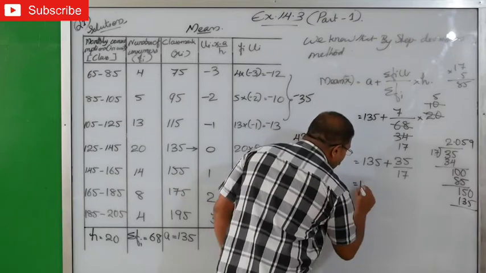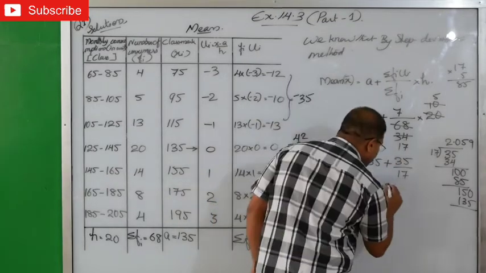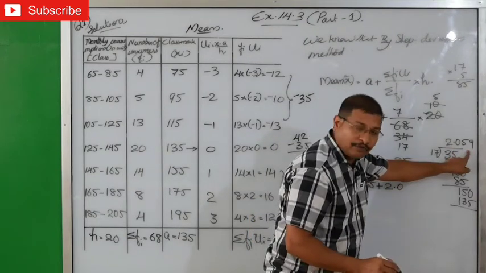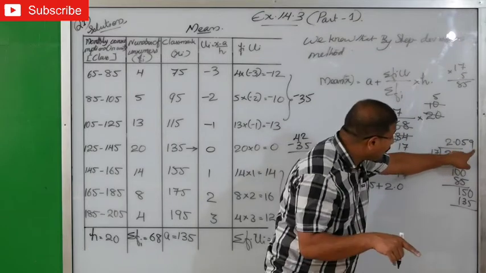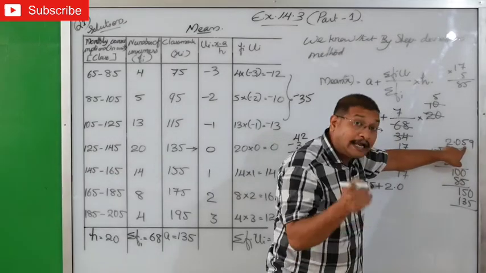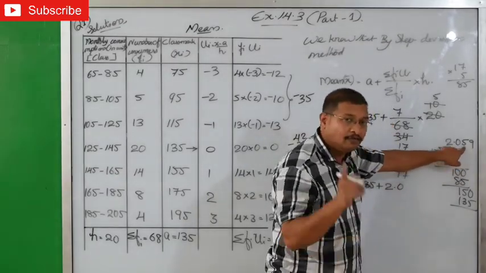This equals 135 plus 2.059. 59 means the last number 9 is more than 5. So if I want to remove this 9, what will I do? In place of 5, I have to write 6. Why? More than 5 means we have to add 1 to the nearby digit.